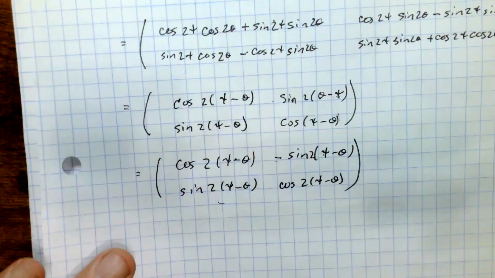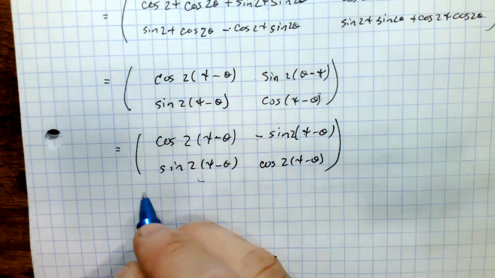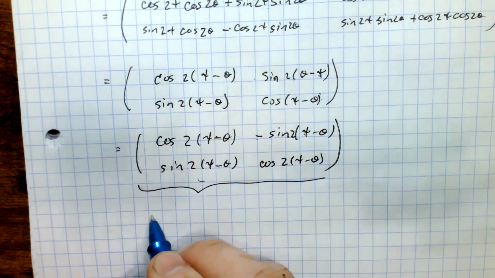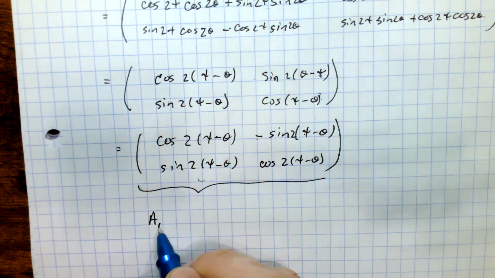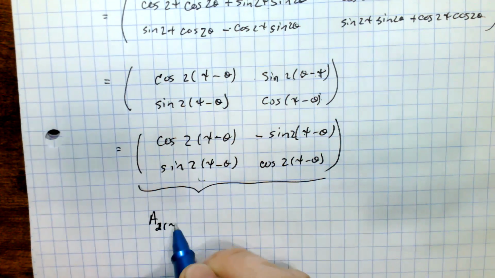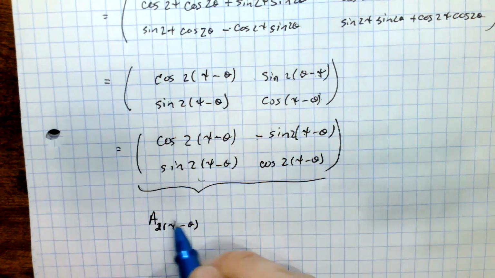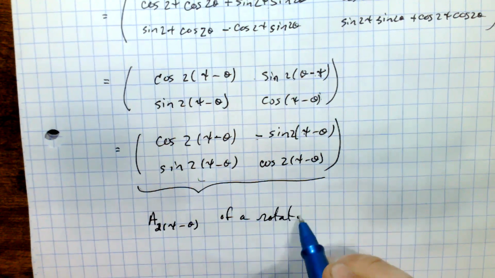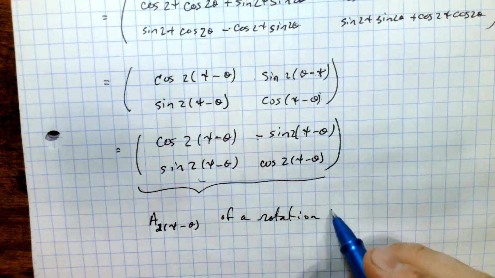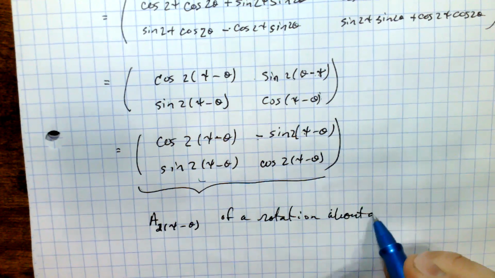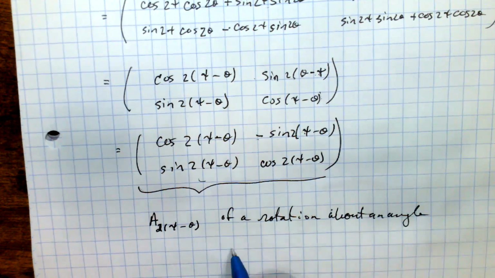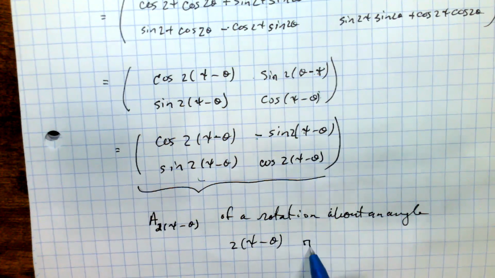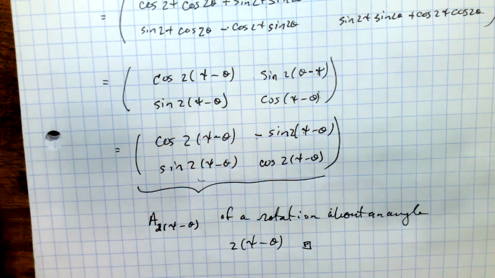So this is exactly of the form of A, a rotation by the angle 2 times psi minus theta, where A is the transformation of a rotation about an angle, which is exactly what we wanted to show. Okay, all right, I hope that was helpful, and I will see you in the next video.